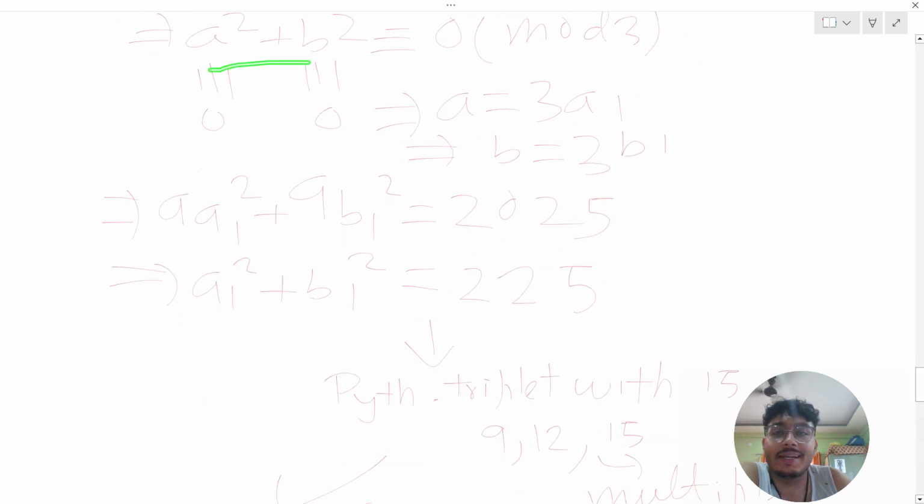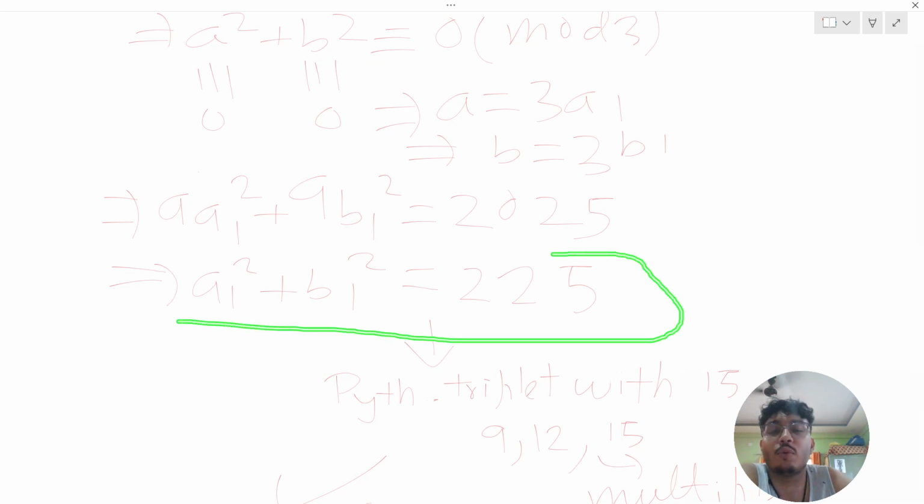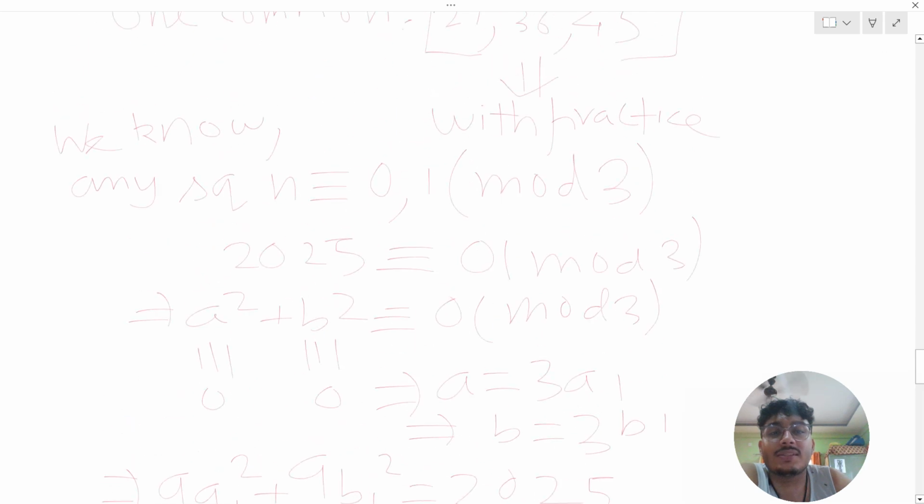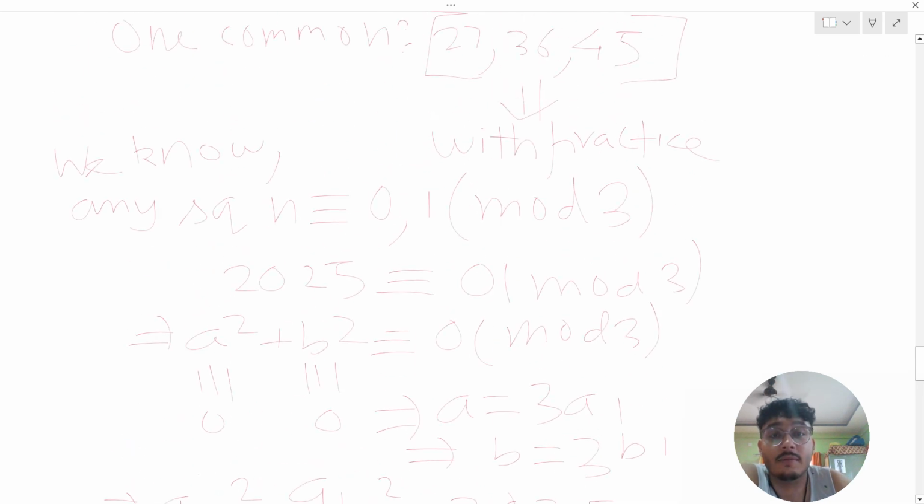Putting it in this equation, 9a1 square plus 9b1 square equals 2025. So a1 square plus b1 square equals 225, which is 15 square. Now if you look at it carefully, one Pythagorean triplet which with practice you would know just by looking at the equation is 27, 36 and 45, since 2025 is the square of 45.